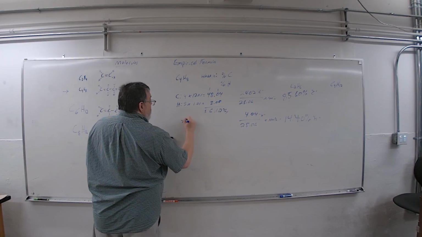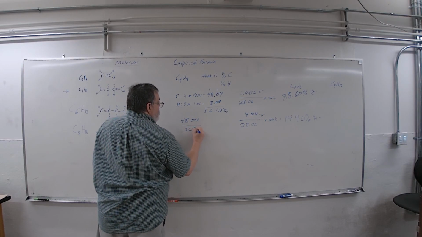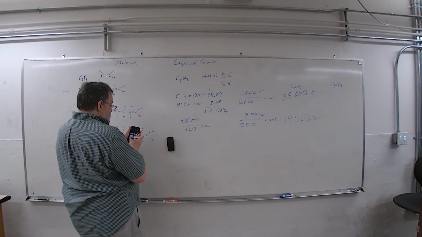So 48.04 over 56.12 times 100 for carbon.